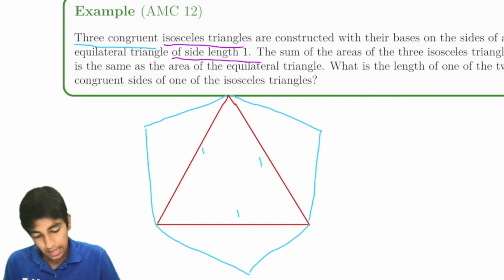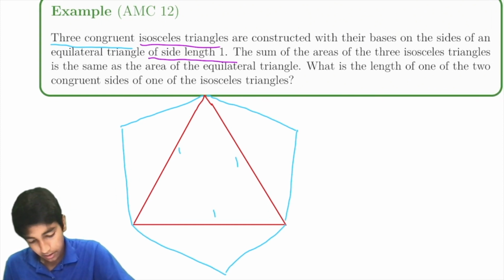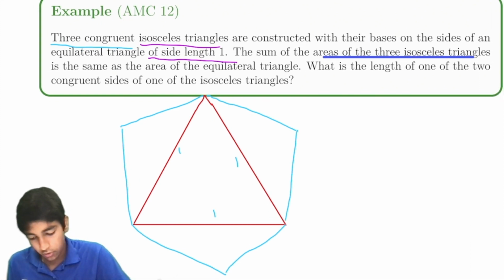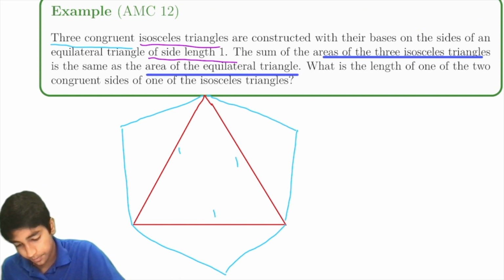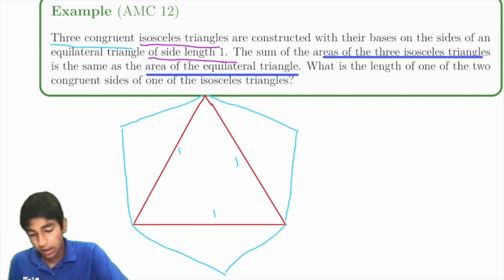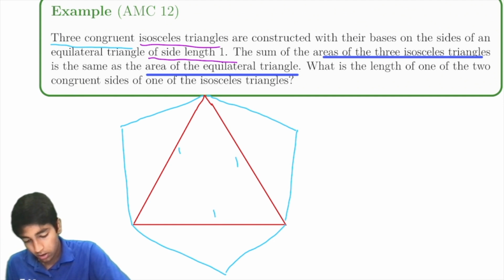So we're given that the sum of the areas of the 3 isosceles triangles is the same as the area of the equilateral triangle. What is the length of one of the 2 congruent sides of the isosceles triangles?